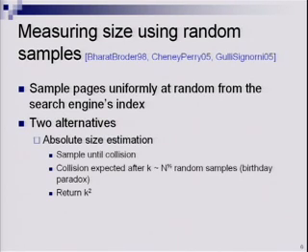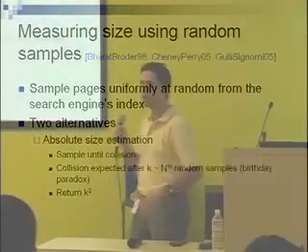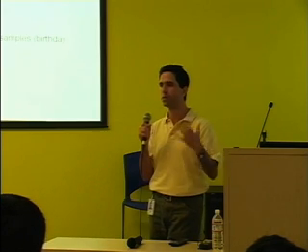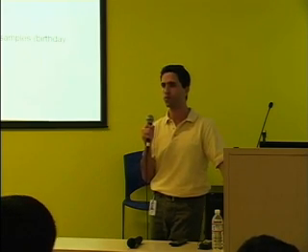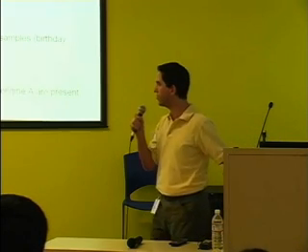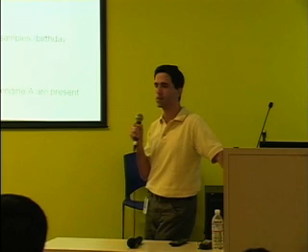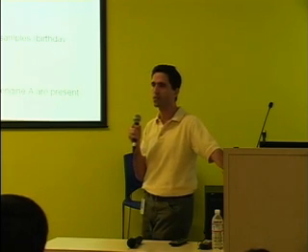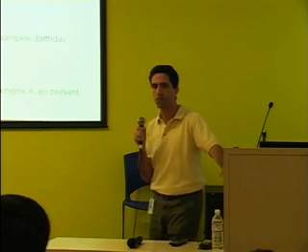The problem with this approach is that as n is very large, k, the number of samples you need, is also very large, and it may be prohibitive to send so many queries to the search engine just to estimate its size. So the approach that was taken so far is to estimate relative size rather than absolute size.